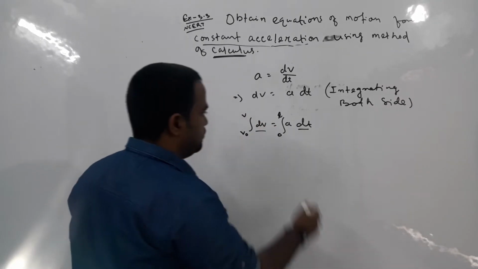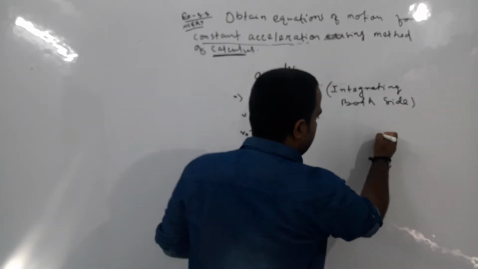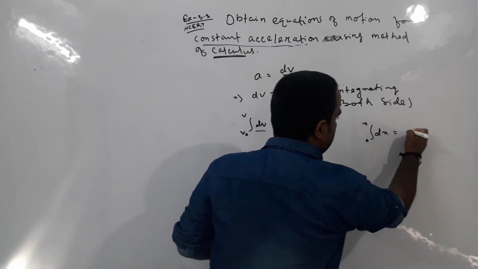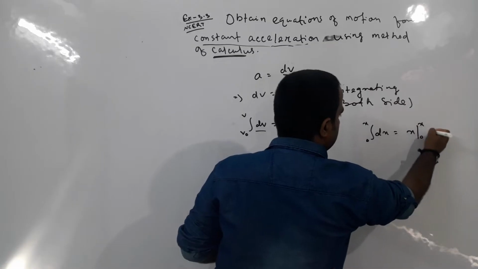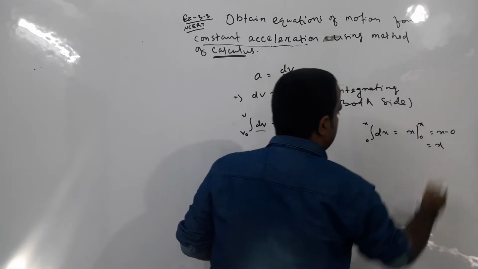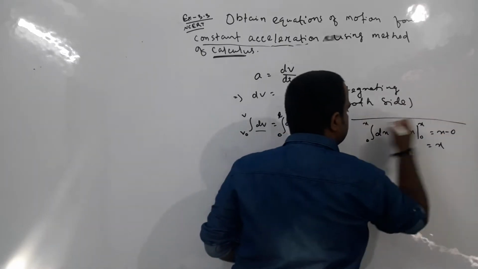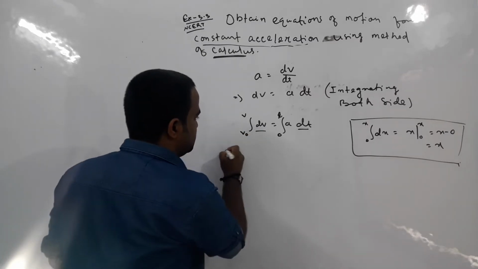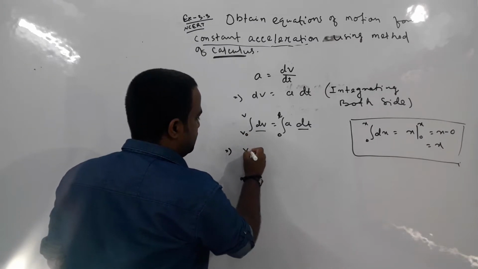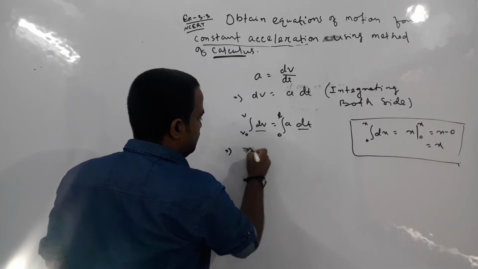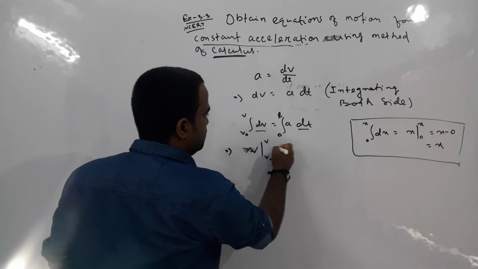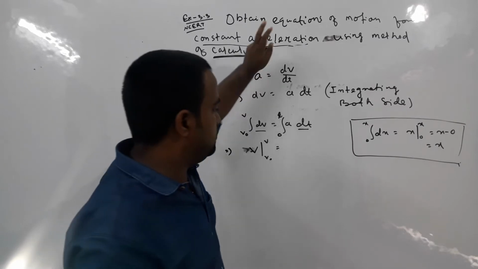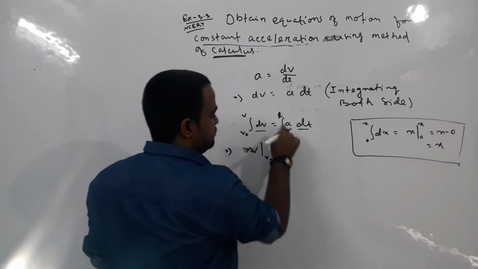Then integration, you know, if we take dx, the integral of dx from 0 to x is x minus 0. Similarly, the integral of dv from v0 to v. a is constant because we have already mentioned constant acceleration, so the constant will come outside.